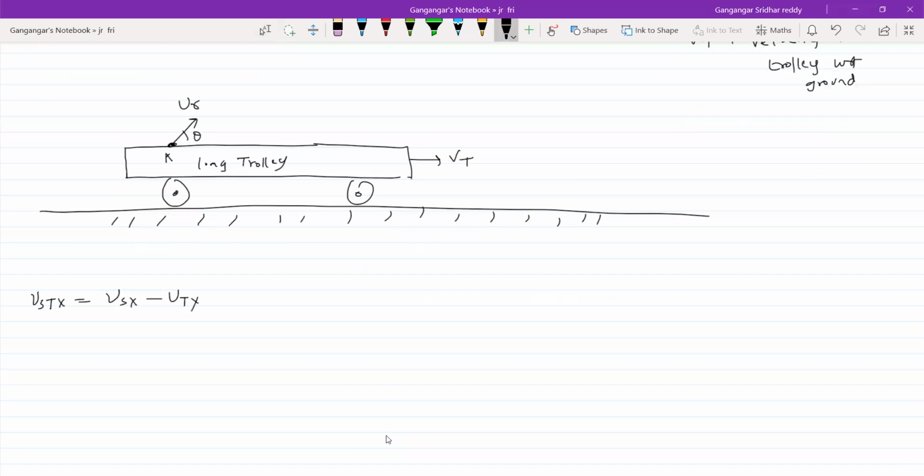Do you agree with this formula? VAB is VA minus VB. And what is velocity of stone with respect to trolley along x-axis? UR cos theta.